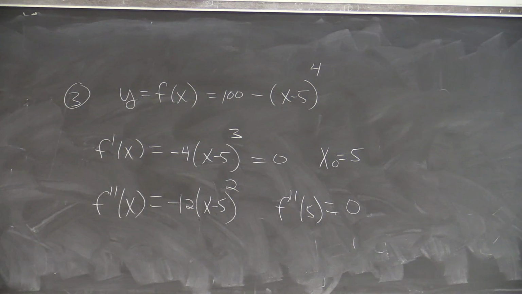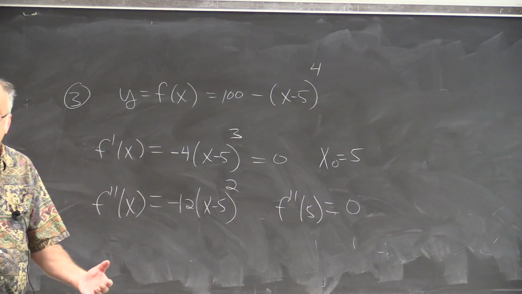So this is kind of a problem case. You know, if that second derivative is negative, we would have a what? A max. If the second derivative were positive at the critical value of x, we would have a min. Okay. So in this case, we don't know. We have to do further checking.